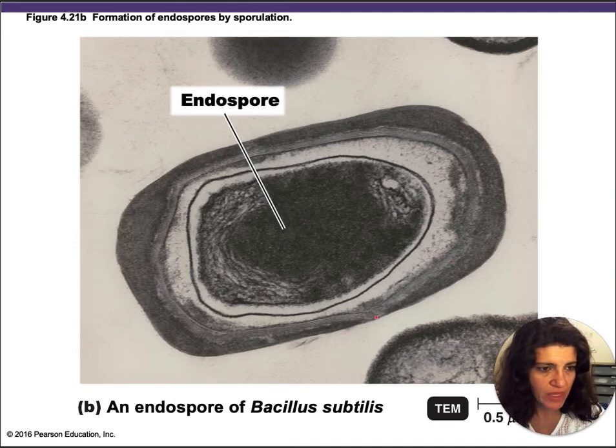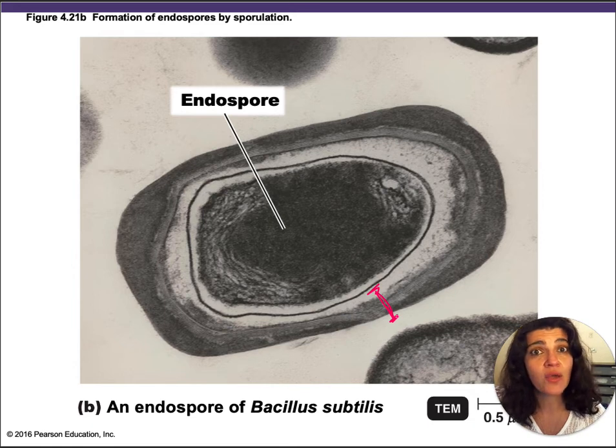You see, it has this thick coat here. And this coat is responsible for protecting the genetic material and all the ribosomes, whatever was kept into that little cluster. They can survive tens or hundreds of years in the environment.